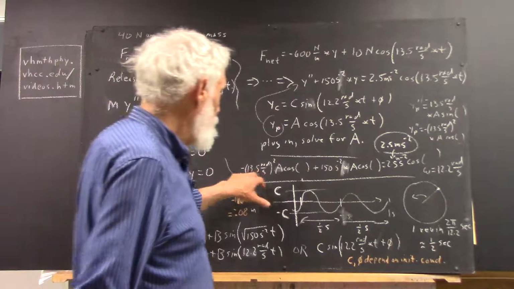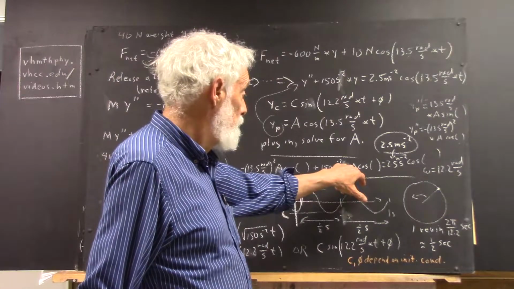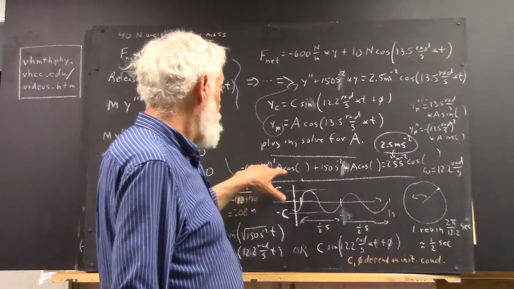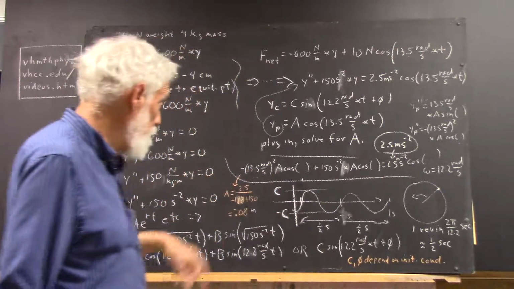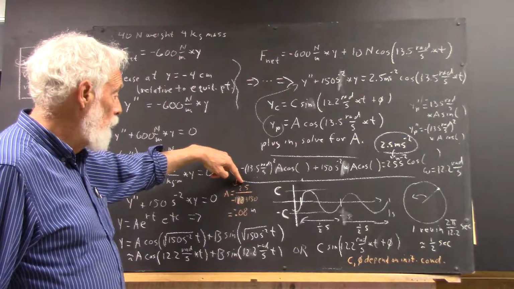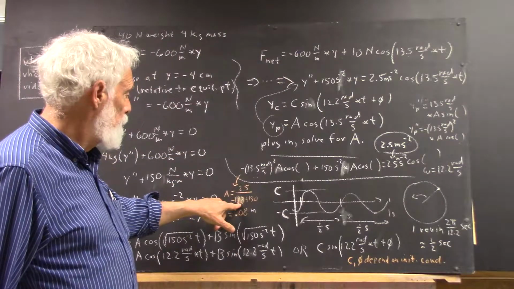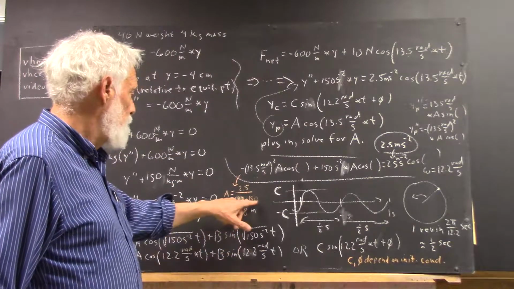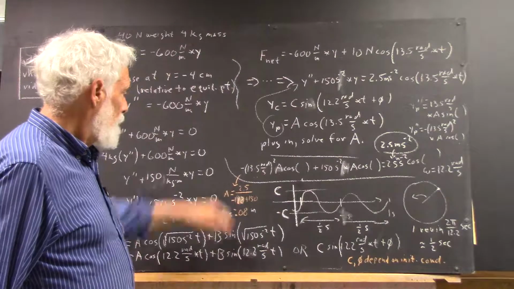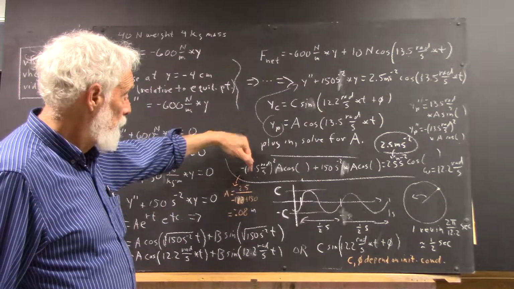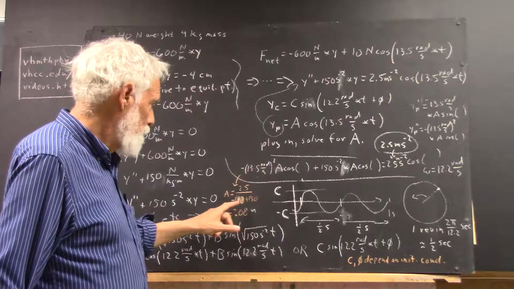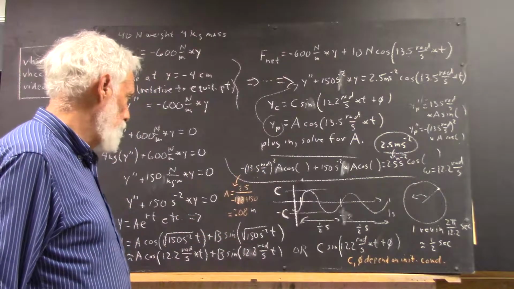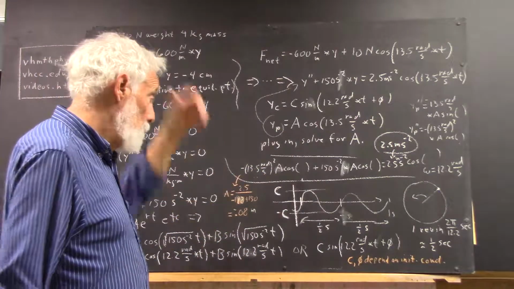Well, we're going to add up these two, and then we're going to divide by the coefficient of A to get A, and we get A equals 2.5 over negative 182 plus 150. I've estimated the square of 13.5 to be 182. So we're going to get our negative 182 plus 150 divided into 2.5.